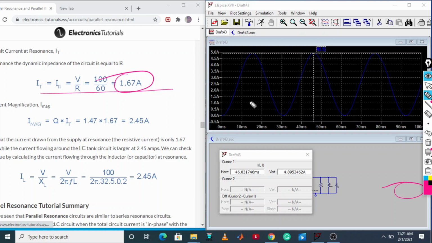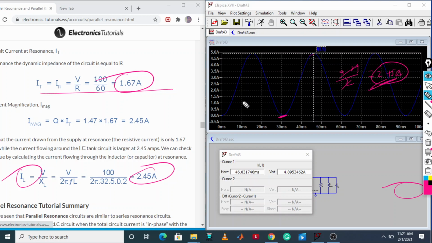The inductor was oscillating between minus 1.67 to plus 1.76, but it is oscillating from 0 to 4.89. If you divide 4.89 by 2, it comes to 2.45 ampere, which is equal to the IL current. This is what I was saying, that at resonance this much amplification of current has been done, and it is around 2.45.